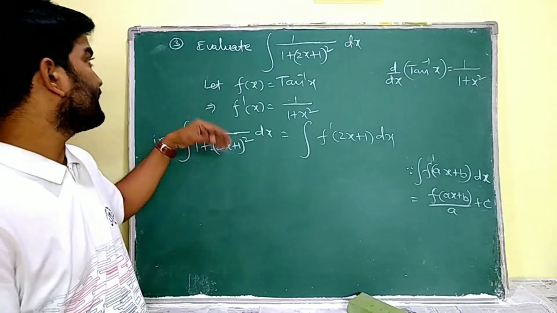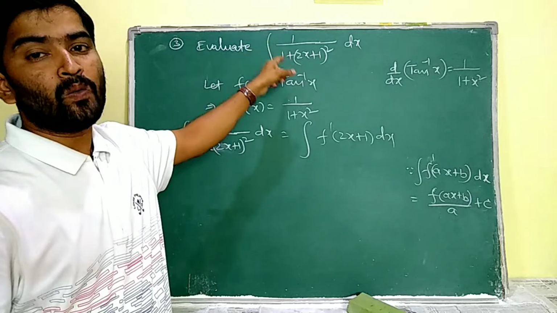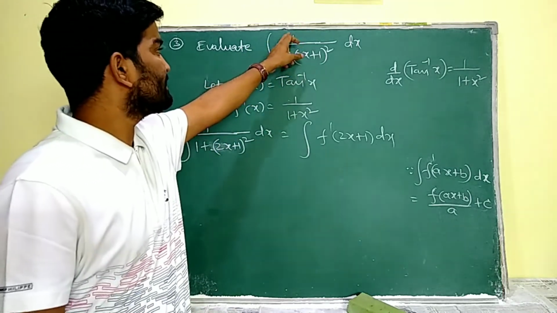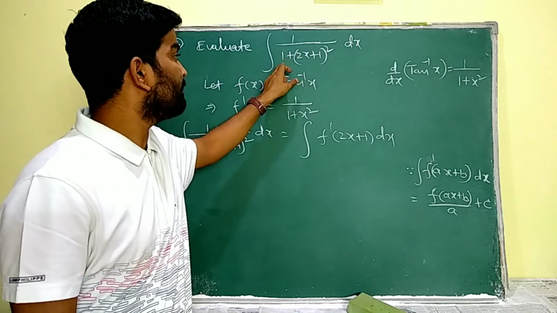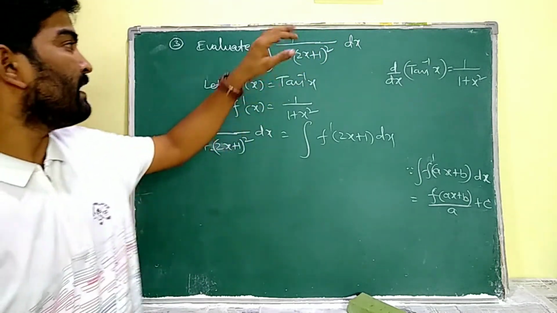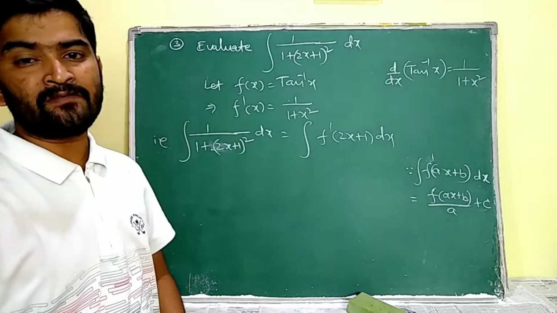See ma, example 3. Evaluate integral 1 by 1 plus (2x plus 1) whole square dx ma. Firstly see, it is in the form of 1 by 1 plus something square ma. We know 1 by 1 plus something square is the derivative of tan inverse x.